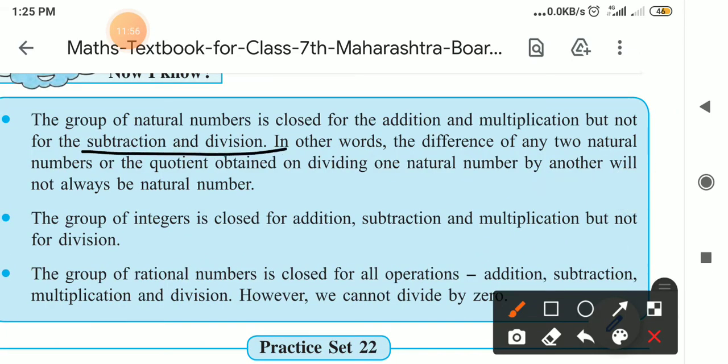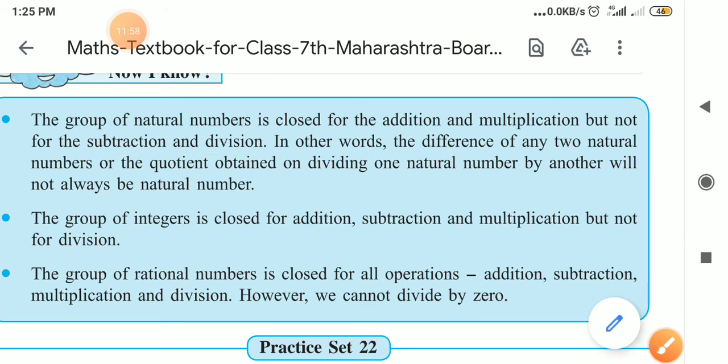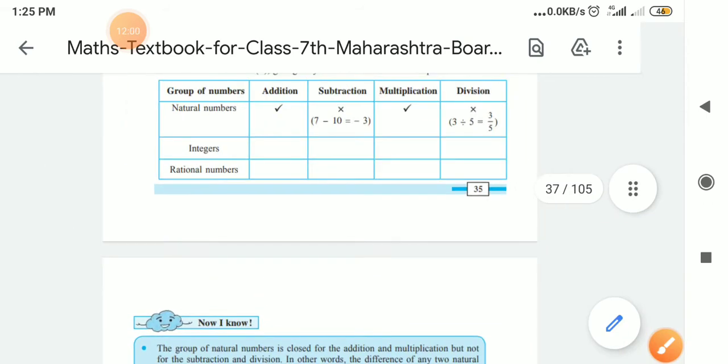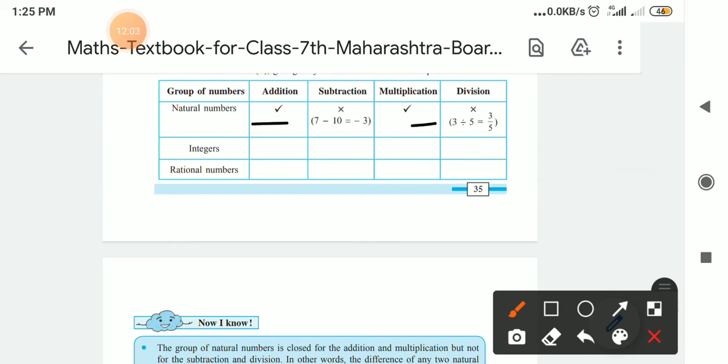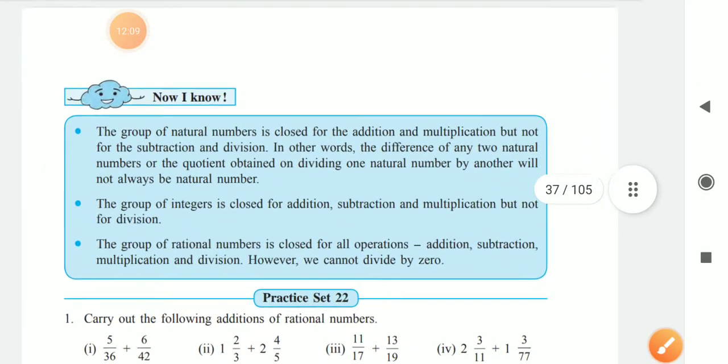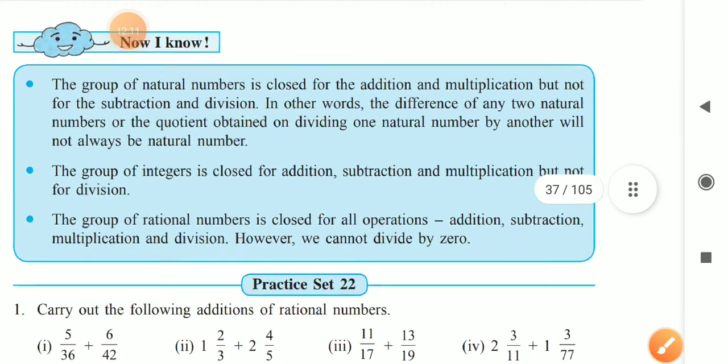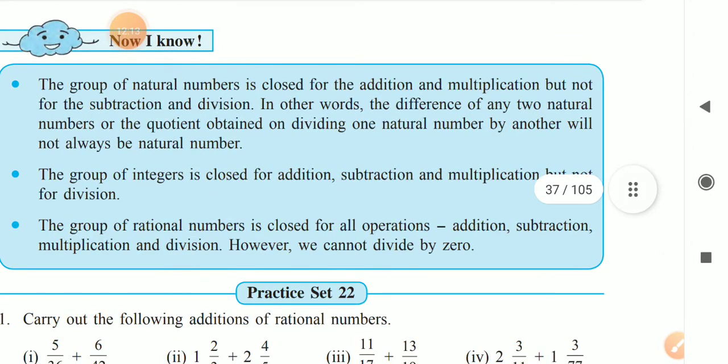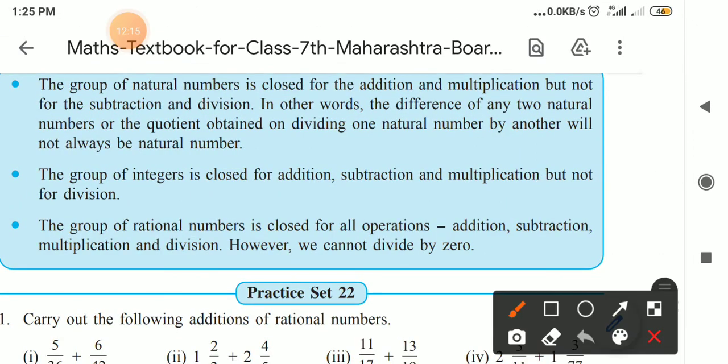In other words, the difference of any two natural numbers, or the quotient obtained by dividing one natural number by another, will not always be a natural number.